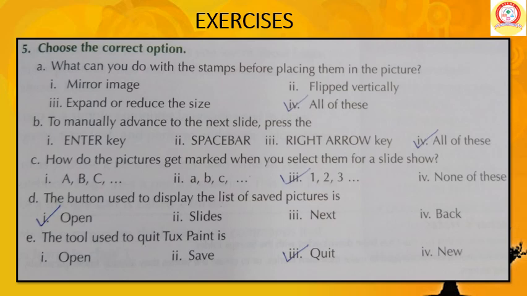D. The button used to display the list of saved pictures is 1, open; 2, slides; 3, next; 4, back. So it's option 1, open. E. The tool used to quit Tux Paint is 1, open; 2, save; 3, quit; 4, new. So it's option 3, quit.